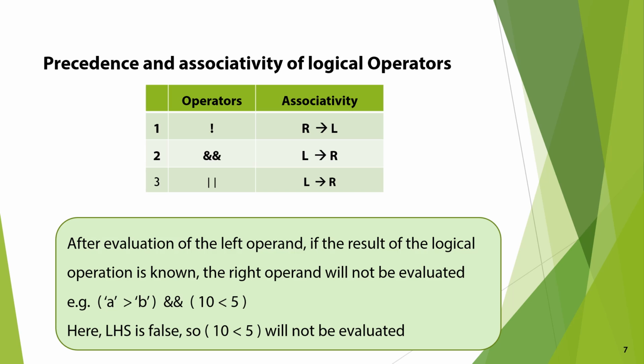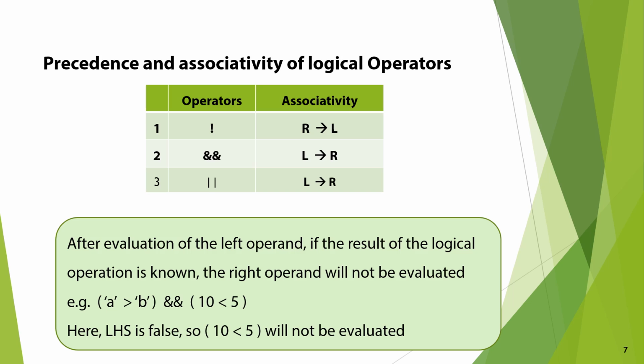Now see the LHS expression, A is greater than B. Its result is false. Therefore, as AND operator is used, even if the right one is true, the overall result of the expression will be false. Therefore, the right operation will not be performed or it will not be evaluated.